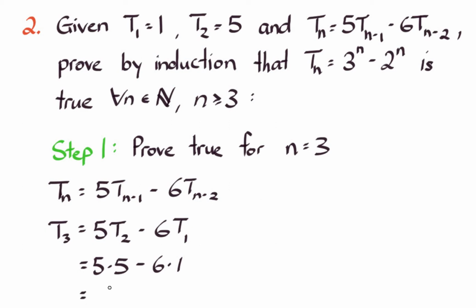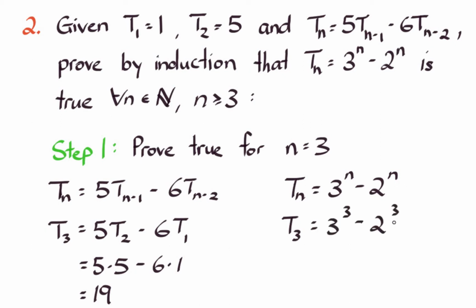So what have we got here? 5 5's 25 minus 6, and that gives us 19. Okay, so that's sort of like our left-hand side, I suppose, but we also want to see what happens with this equation. So we also have tn equal to 3 to the power of n minus 2 to the power of n, and so when we're looking at term 3 specifically, this is 3 cubed minus 2 cubed.